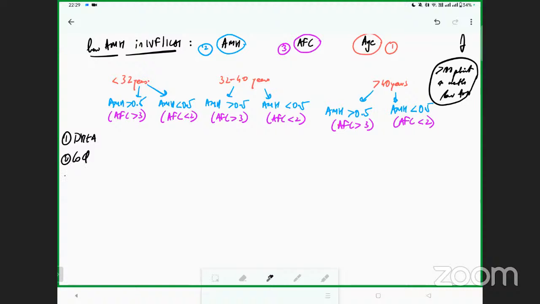DHEA, CoQ, antioxidants, testosterone gel 0.2%, ovarian PRP, bread and butter for the majority of people, and stem cell therapy.